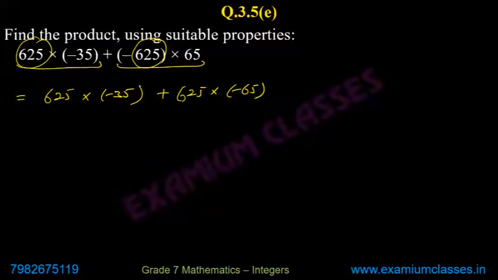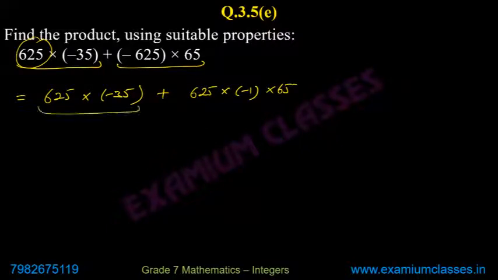Remember, if there is one negative sign, I can transfer one negative sign to the other term. So this is another way to write it. Otherwise, if you are not able to understand like this, you can write minus 625 as 625 into minus 1 into 65. So now the two terms are like this, in which 625 is common.